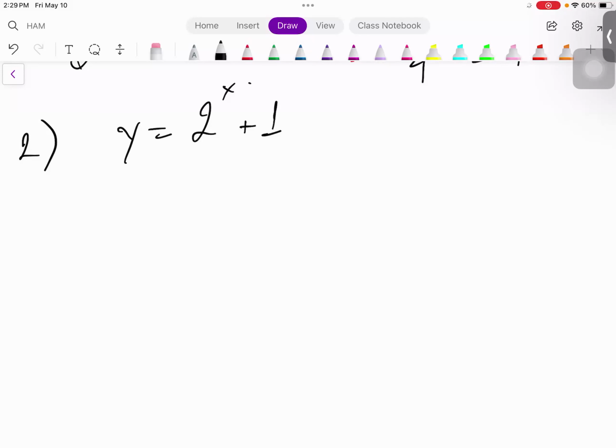Group the power x. Yeah, make sure you write x as a power, a little power on the top, not 2 times x, okay?